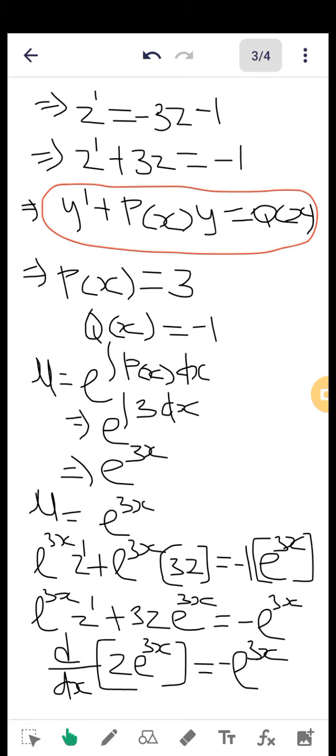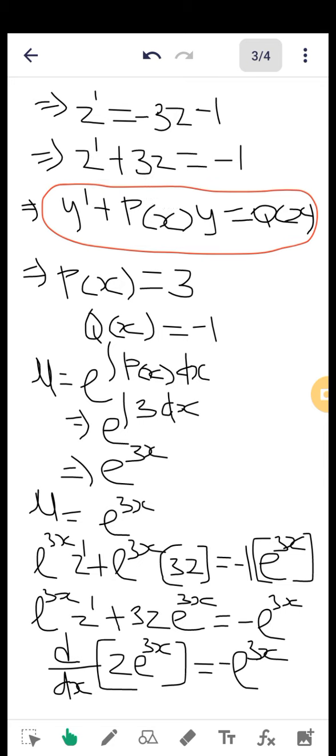After the linear form, we try to find the integrating factor. My integrating factor is e to the integral of p of x dx. By comparing the coefficient, my p of x is 3. We are using y prime and y, but in the question we had z prime plus 3z equals -1.